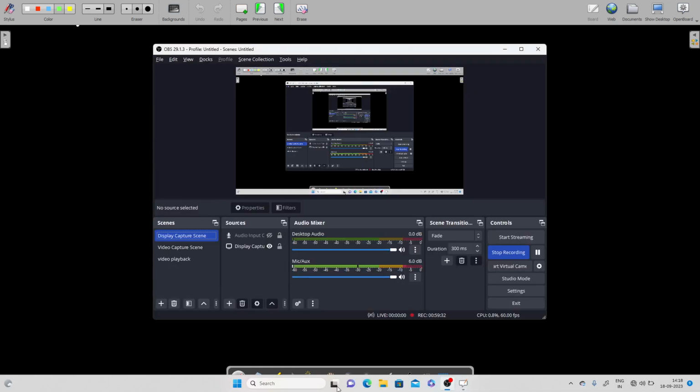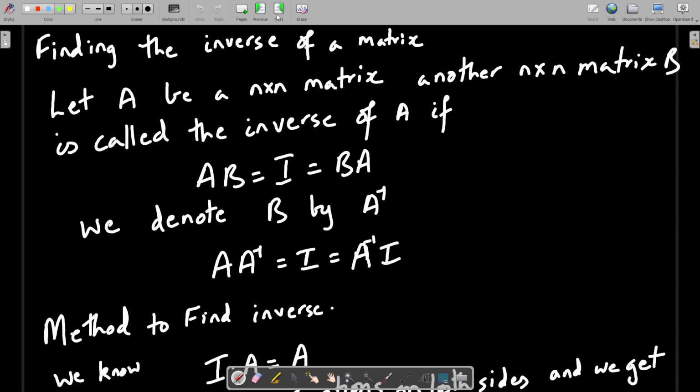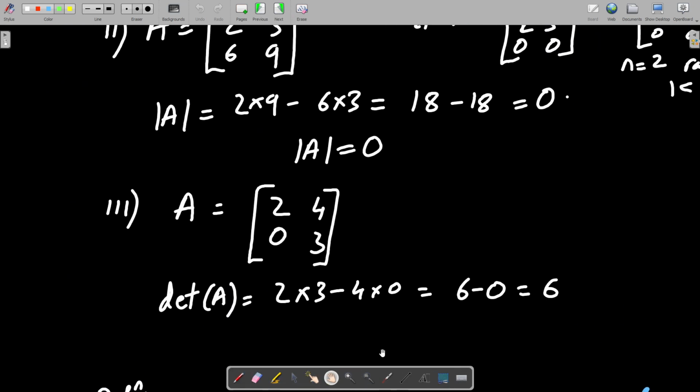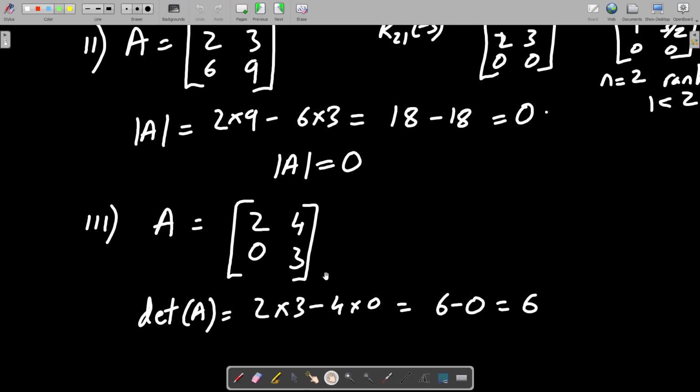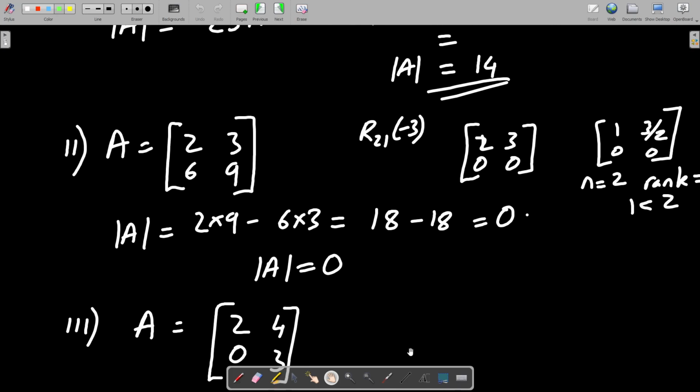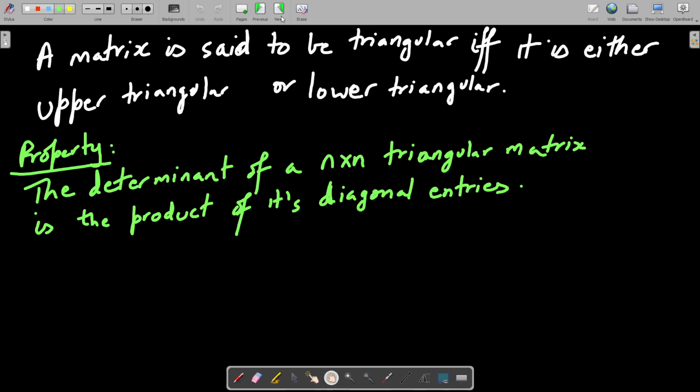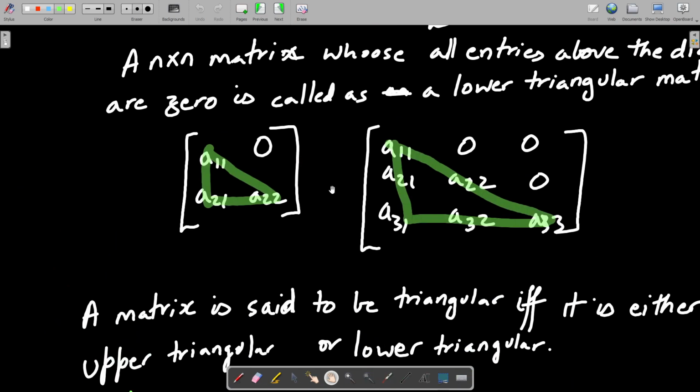See, this was an example of a triangular matrix. The product of the diagonal elements is what? 3 into 2, that will be 6, which is actually the answer which you got here.